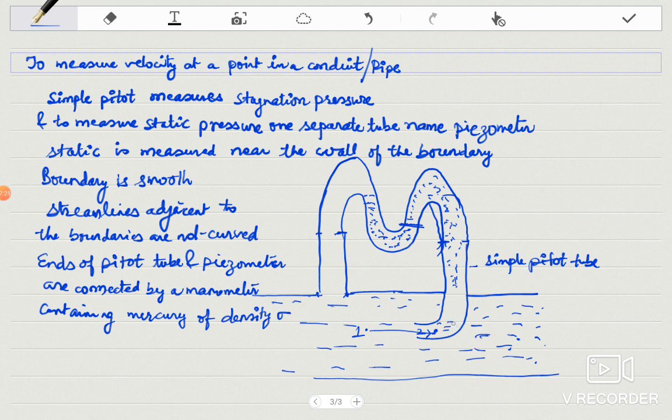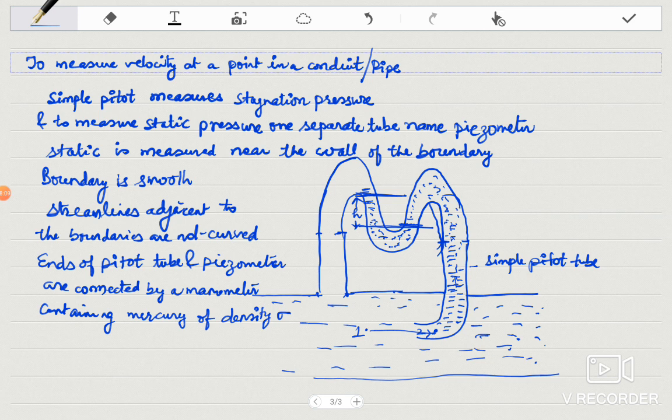Due to the increment in pressure, the fluid level will rise in the tube, and the mercury in the manometer will be pushed by this fluid and go high in its second part. Suppose its level goes like this. This is the column.